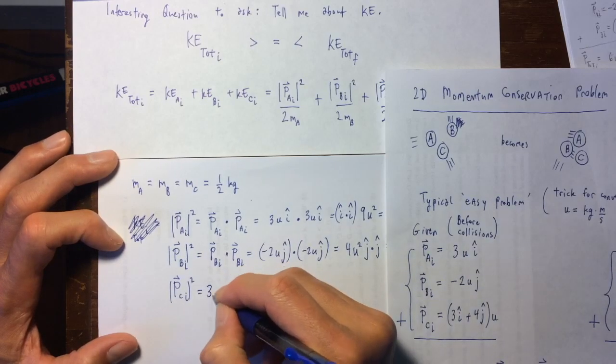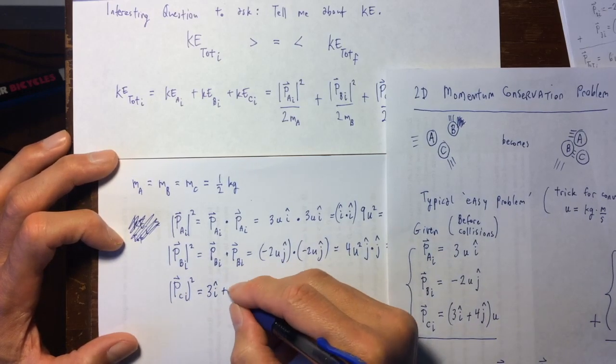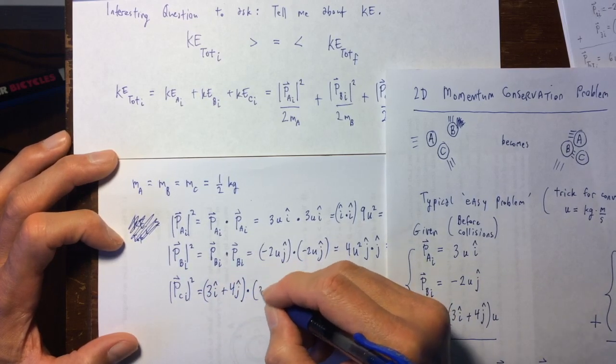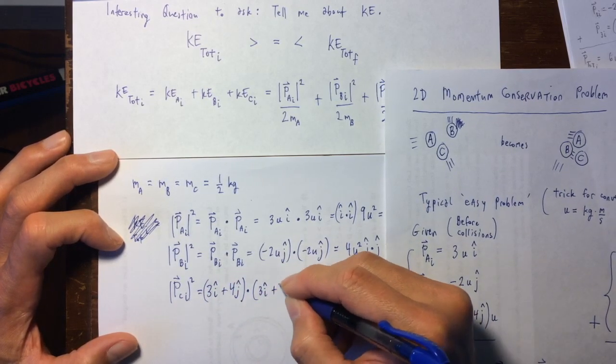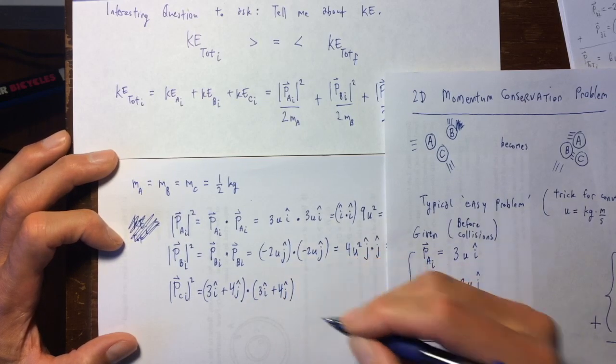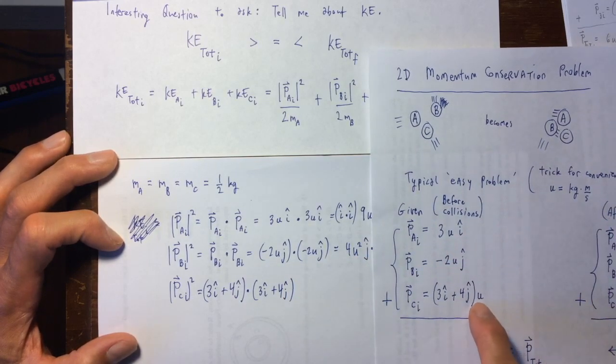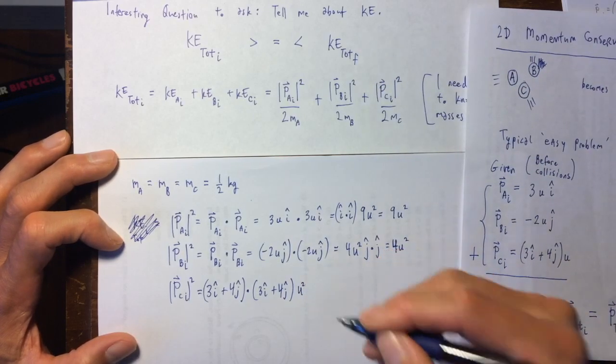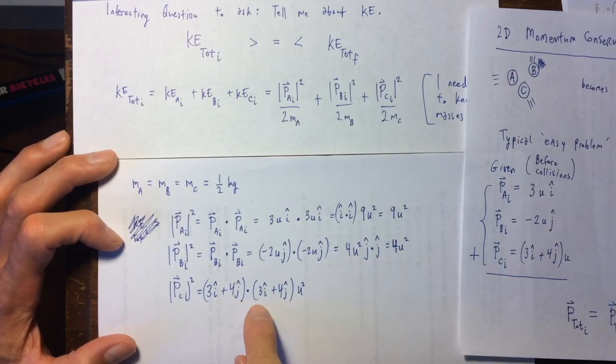So it'll be 3 i hat plus 4 j hat, vector dot product with 3 i hat plus 4 j hat, and I am moving this special unit outside, and there's one for each of the factors, so it shows up here.